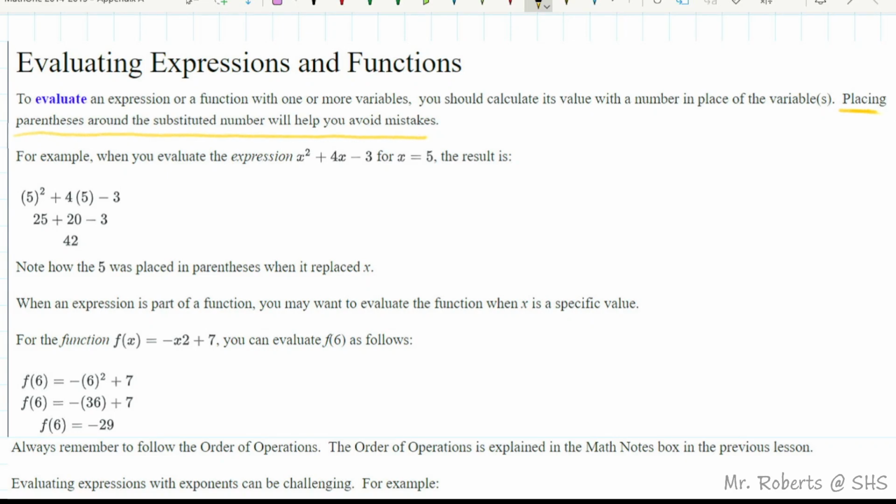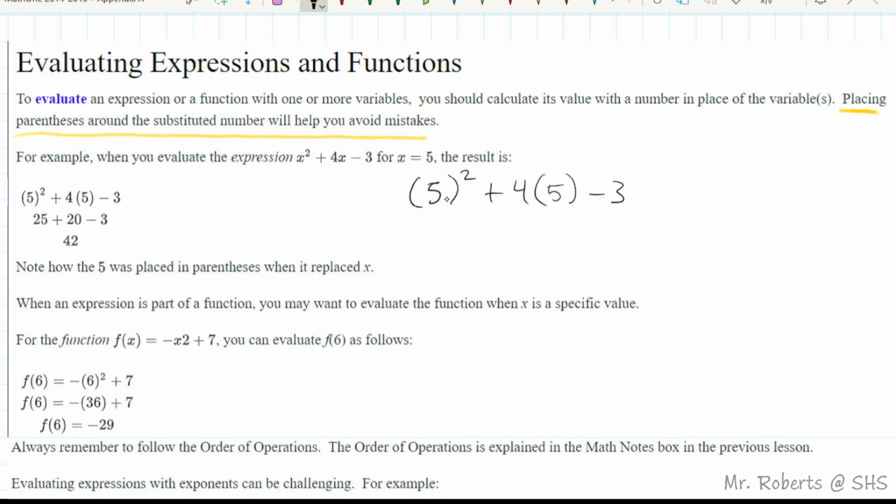For example, when you evaluate x squared plus 4x minus 3 for the value of x equals 5, now I'll write this, you can see it, but putting parentheses, we're going to put a 5 in where the x is, and we're going to square that, plus 4 times parentheses, a 5 where the x was, and then minus 3.